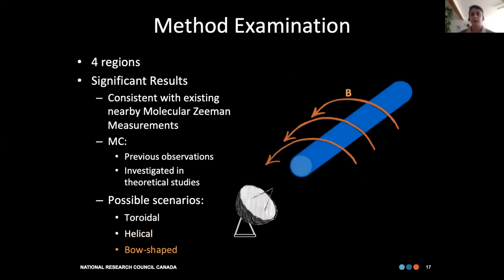And in bow-shaped morphology, regardless of how the filamentary structure is formed, typically the environment is known to be interacting with the filamentary structure and bending the magnetic fields around it. In the case of the Orion-A region, this responsible environment has been hypothesized to be the Orion-Eridanus superbubble.